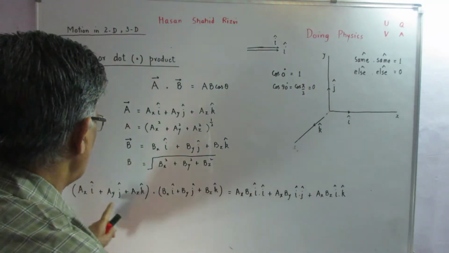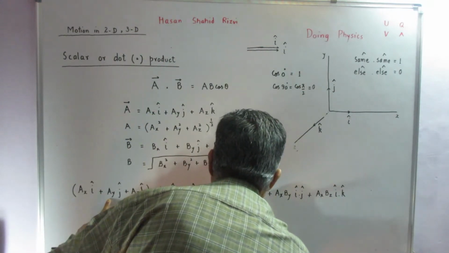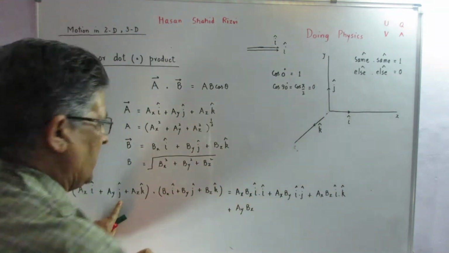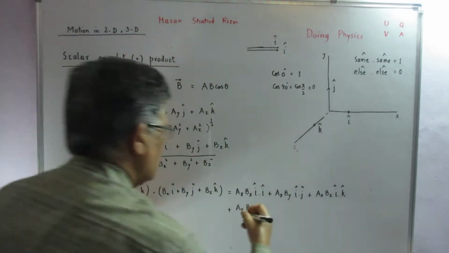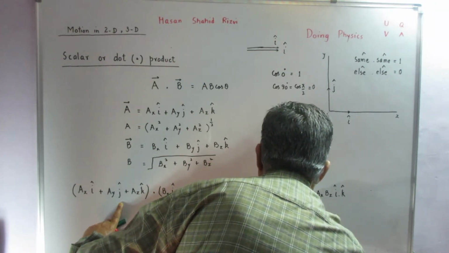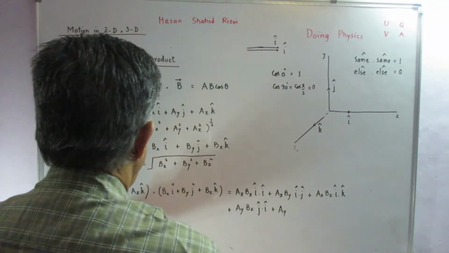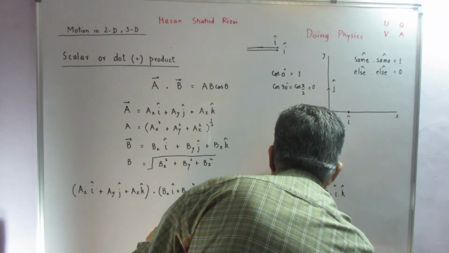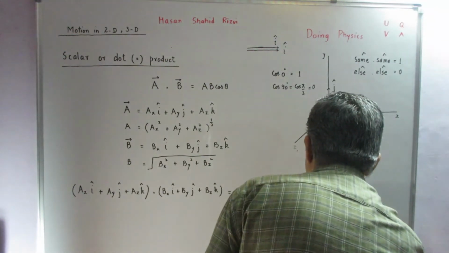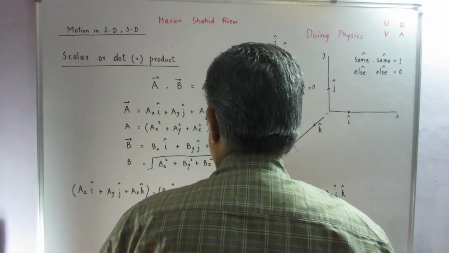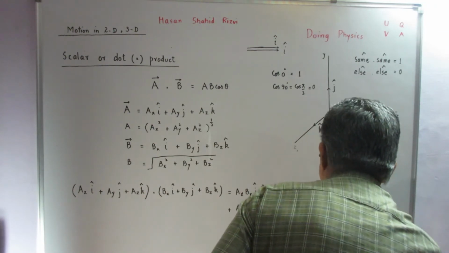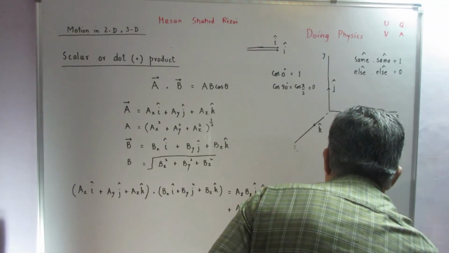Now I take Ay and multiply with all these quantities. So Ay Bx, j cap dot i cap, plus Ay By, j cap dot j cap, plus, I'll do it like a kid, Az Bz, very disciplined one, Az Bz, and I have j cap dot k cap.